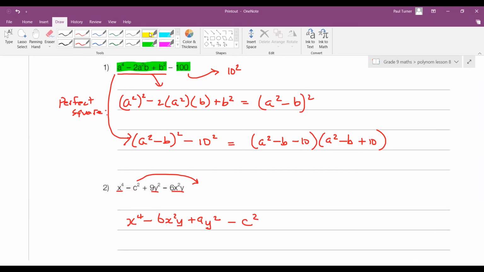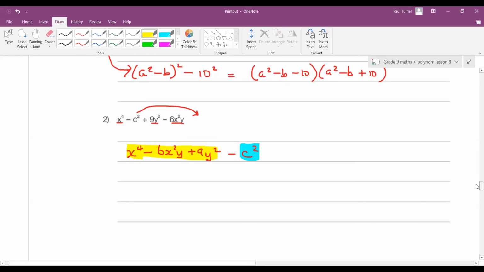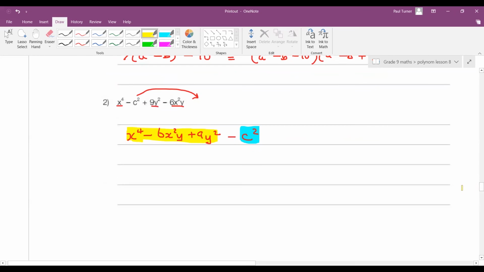So these are your two parts that you need to deal with. This one's okay, that's c squared, that's finished. But this bit, you need to do your complete square here. This is also a perfect square, like this one here. So we only have 5 minutes, so you try and finish that one yourself. And I'll talk about it in a minute. And then the rest we can do next week.